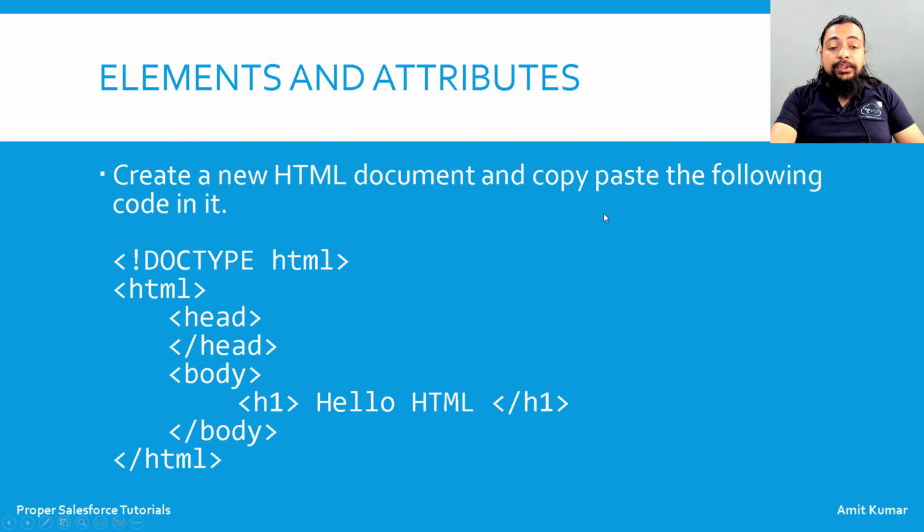If you focus over here, you can see H1 is the opening tag, here is the closing tag of H1, and this Hello HTML text is the content. So this is a heading element. We will discuss the heading element in an upcoming video, but this code gives you an example of how you can create an HTML document.